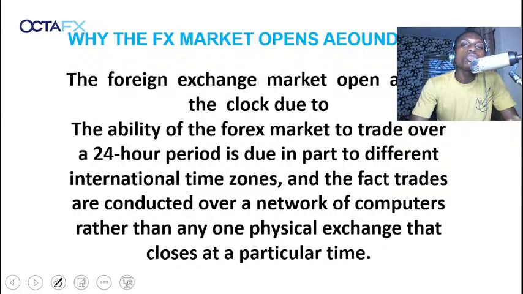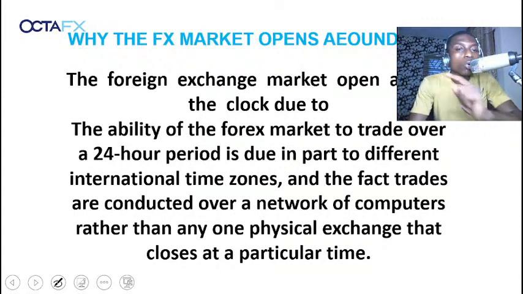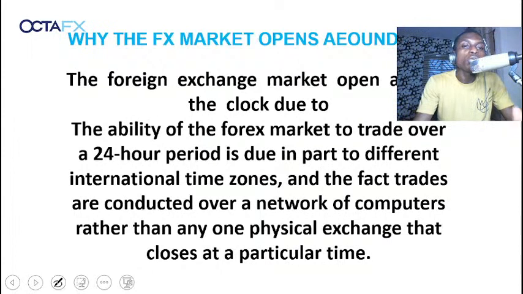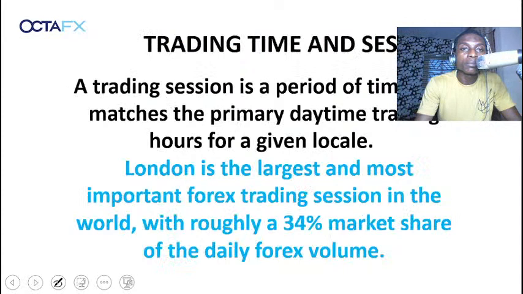The Forex market is open round the clock from Monday to Friday. As one market is closing in one international time zone, another market is opening in another time zone. So that is why the Forex market is always open 24 hours in the 5 business working days.